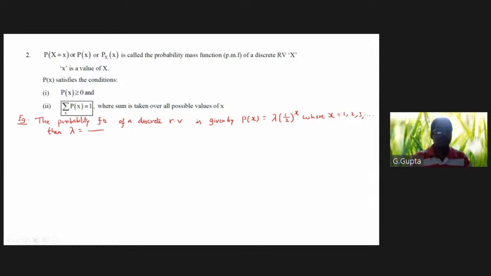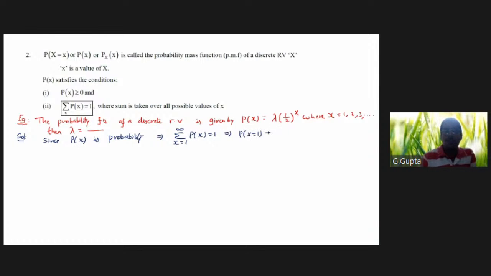Solution. Since P of x is a probability, it implies summation taken over all values 1, 2, 3, and so on to infinity, P of x is equal to 1, which implies P of X is equal to 1 plus P of X is equal to 2, and so on.